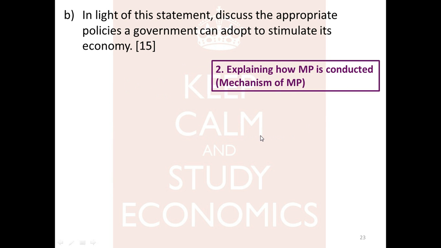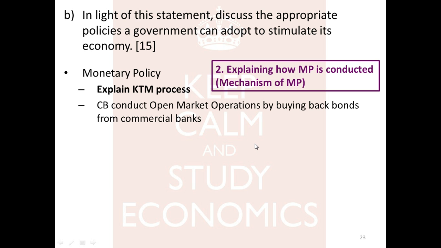Okay. Now, the second step, I explain how monetary policy is conducted. So, I will explain the Keynesian transmission mechanism process. And this actually starts by the central bank conducting open market operations. Okay, this is a common step that most students tend to forget.